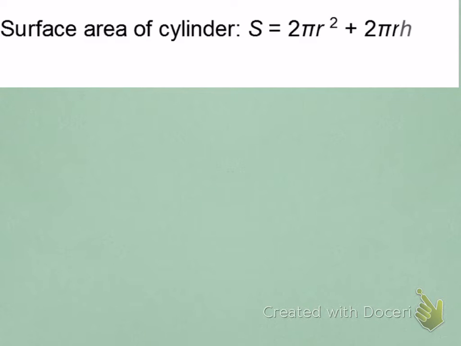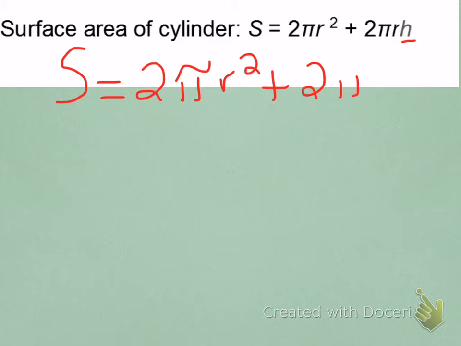Here's another one. Surface area of a cylinder. Okay, so I want to get h by itself. I'm just going to underline it. So let me just rewrite it. S equals 2 pi radius squared plus 2 pi radius height, and I want to get the height by itself.